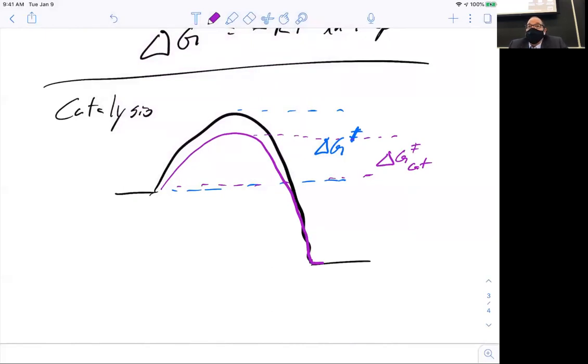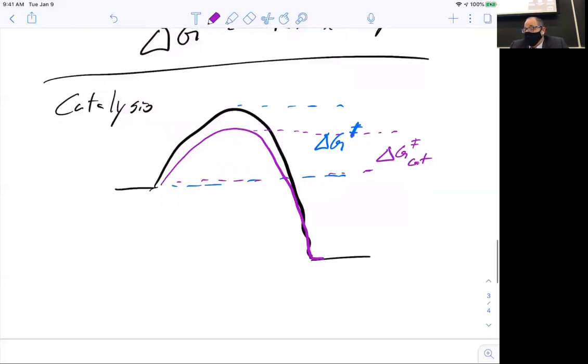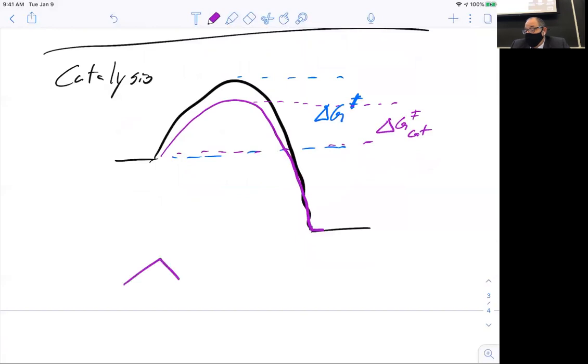Many of the catalysts that we think about involve reactions that don't occur without a catalyst. One that you'll see would be hydrogenation of an alkene. Without that catalyst, theoretically this could happen, but the energy of activation, that delta G transition state, is so high that this really doesn't happen.